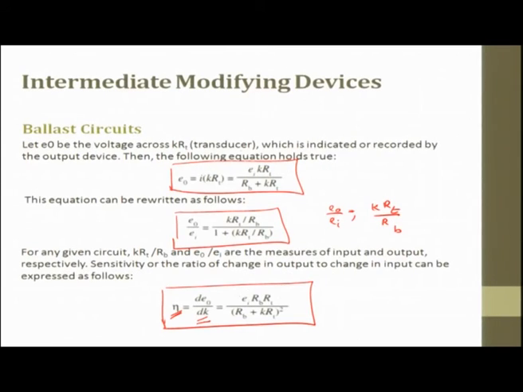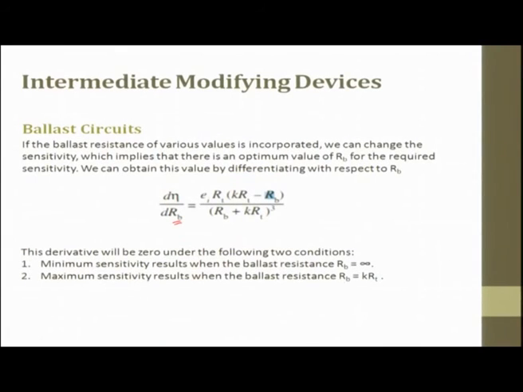So, dou N by dou RB, expressed in this form. So, what are we finally saying? We are trying to say that there is an optimum value for RB for the required sensitivity. So, this is an important equation where you have to understand sensitivity analysis and the optimum value of RB.